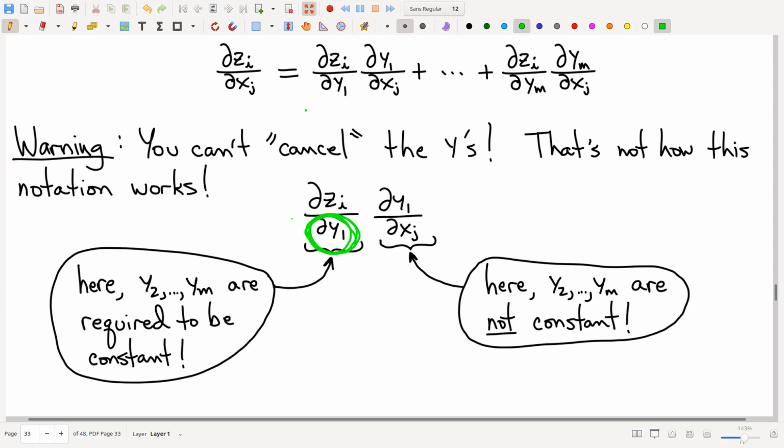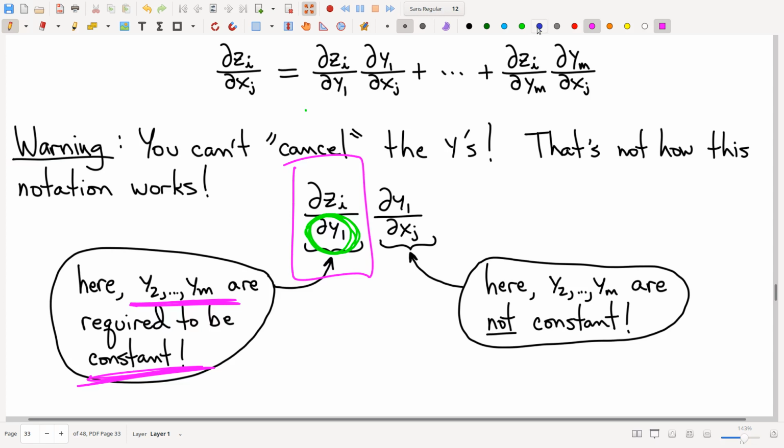What's the story that this is one of the participants in? What's the function of what? What am I holding constant? What's allowed to be changing? Every one of those stories is different. In particular, this partial y1 represents a story where I'm looking at zi, and because I want the partial with respect to y1, I need all the other y variables to be constant. That's what partial derivatives mean.